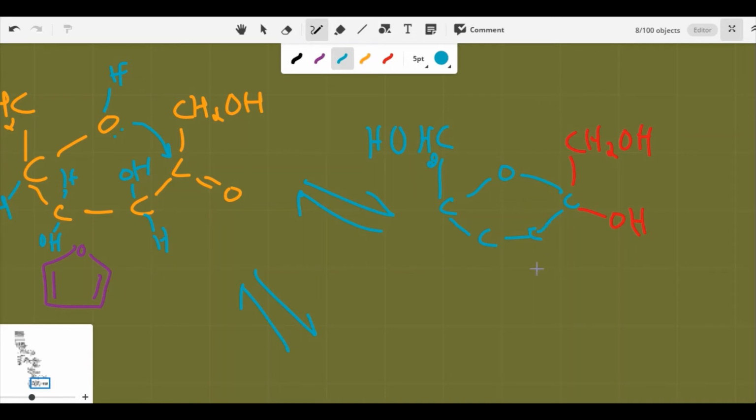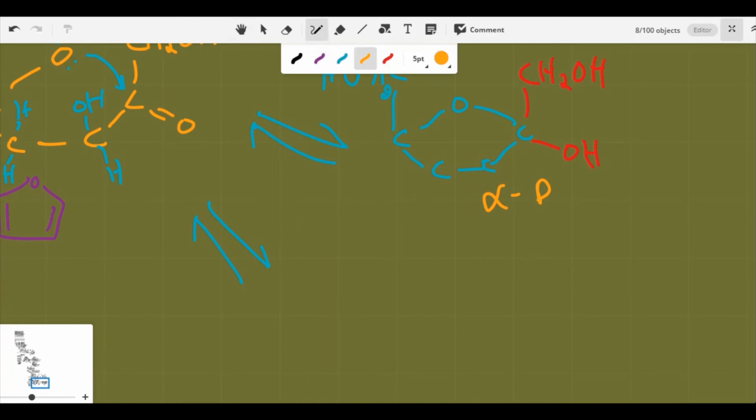So the first one is alpha D fructofuranose. While in case of beta, you have to remember that the next one is the same structure, but there is a difference: here the CH2OH is present on the downside as compared to the above one.